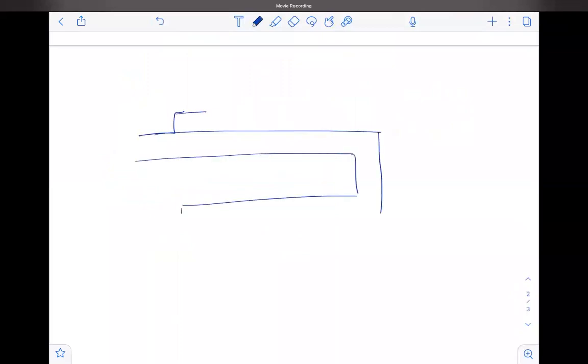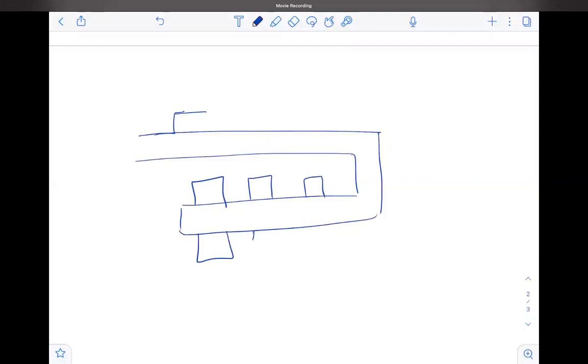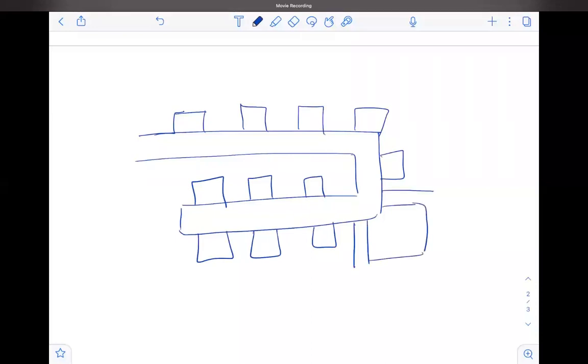A very weird looking room, and maybe there are some offices over here, and maybe there's a path like this, there's another corridor, and there are some offices here.